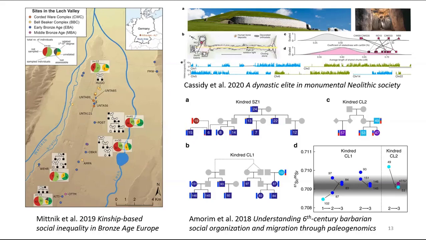This is a study of central Germany, where by sequencing the genomes of people who were buried in different cemeteries, they're able to reconstruct the familial relationships and the relationships between the different cemeteries, and start to ask questions about how societies were organized in these different populations. So we now have very fine-scale information about large numbers of individuals. Okay, that's kind of exciting. That's not what I'm interested in.